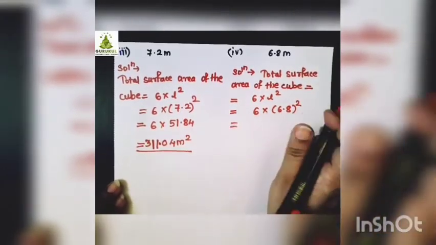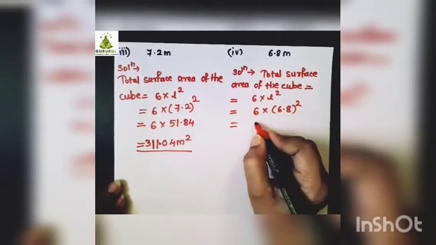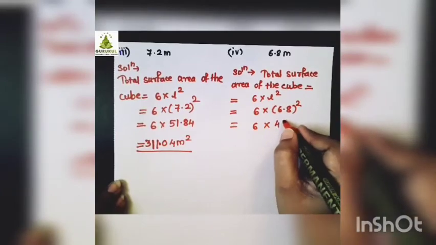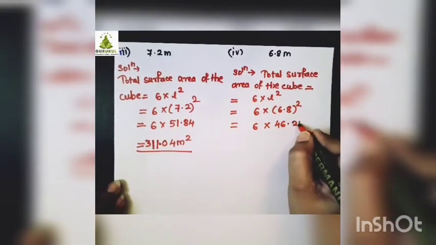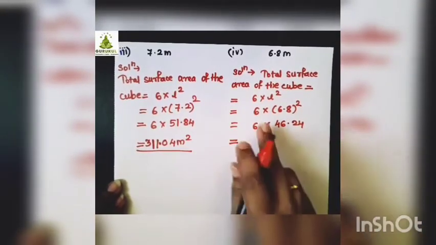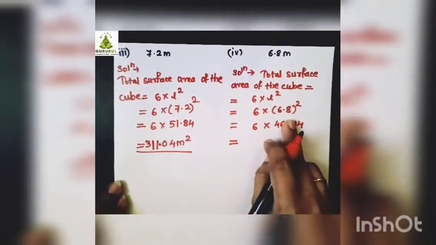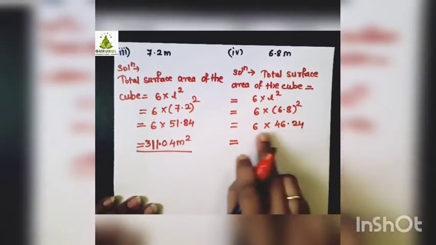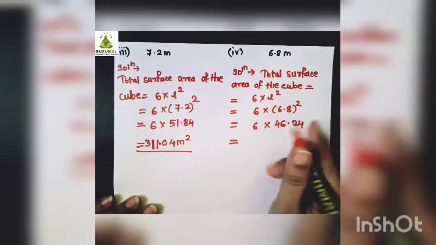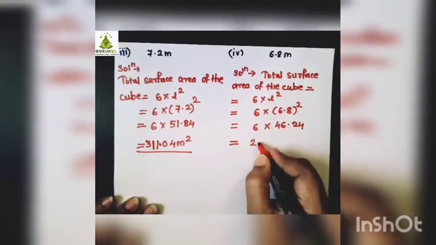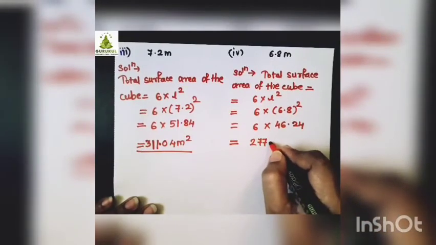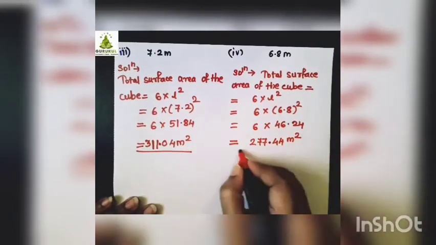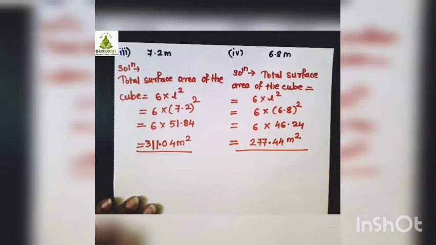After solving it in your book, you can cross check with the video. No need to simply copy down. You can practice on your own also. So here I have substituted the value: 6.8 square is 46.24. If you multiply 6 into 46.24, we will get 277.44 meter square. So this was the fourth sum.